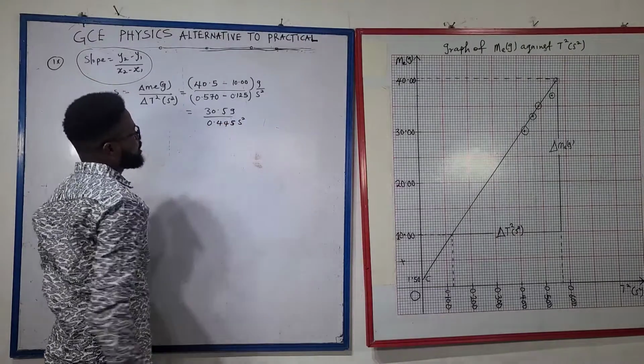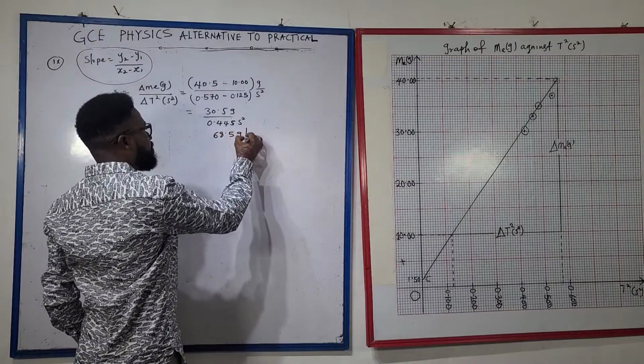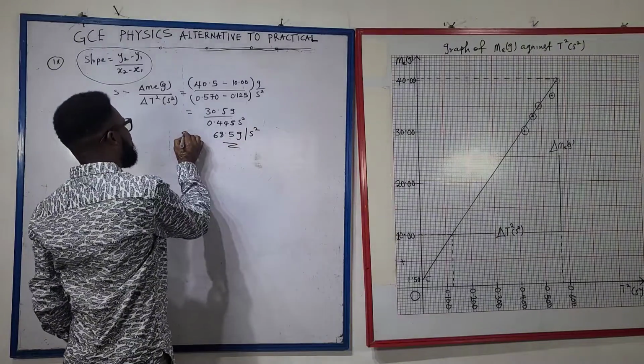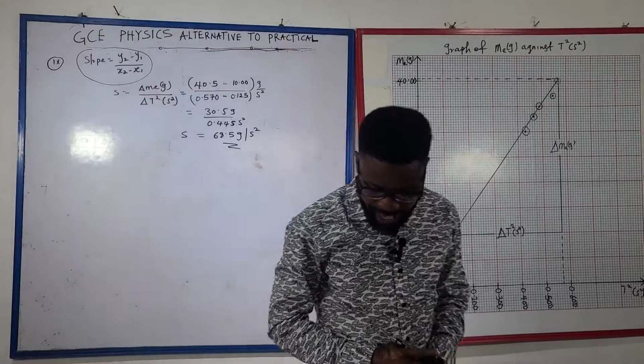So 30.5 divided by 0.445 will give me 68.5 gram per second square. That is my slope. I've been able to answer question IX.